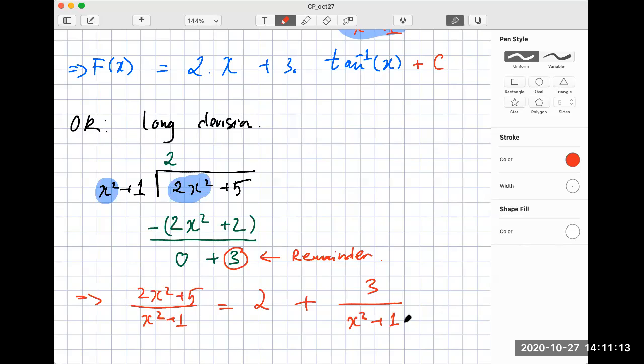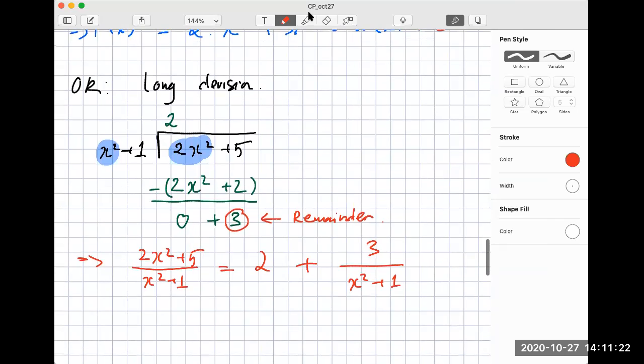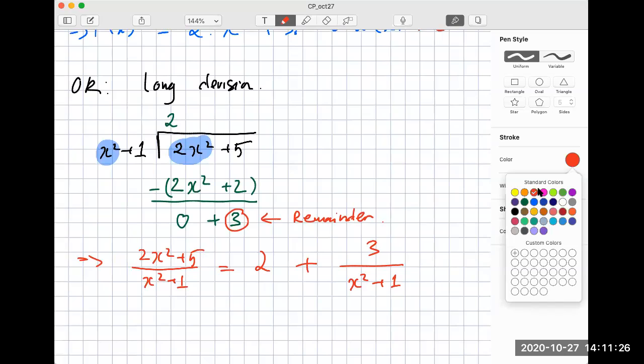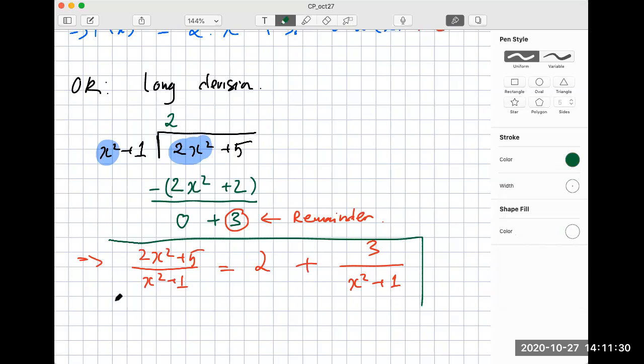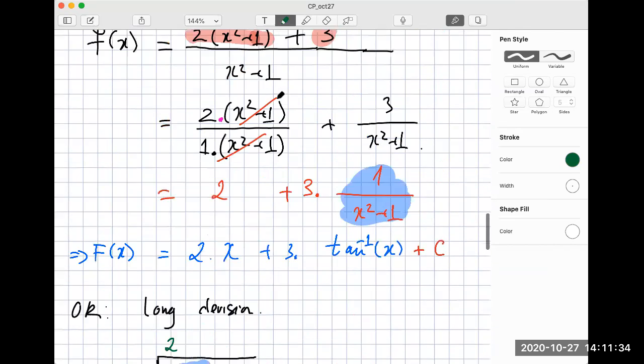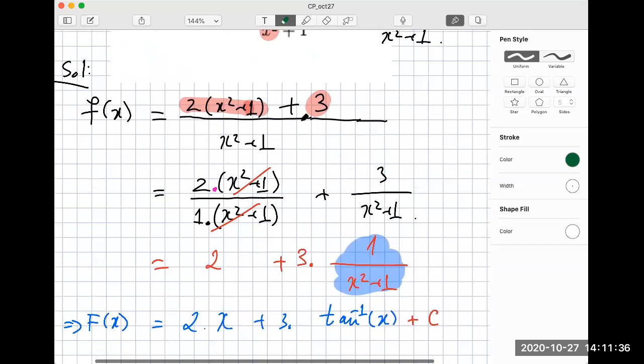This is another way to find this, long division, okay? Either way is fine, whichever way is easier for you. This way or separation of variable. Okay.